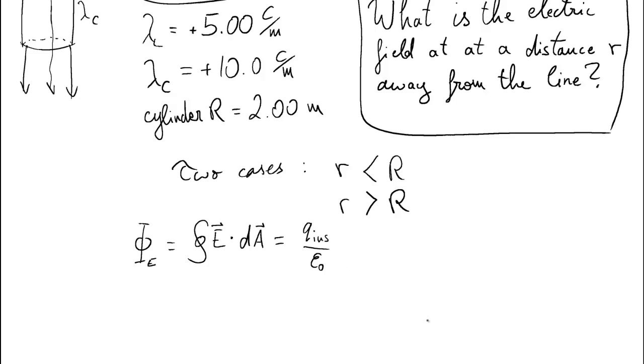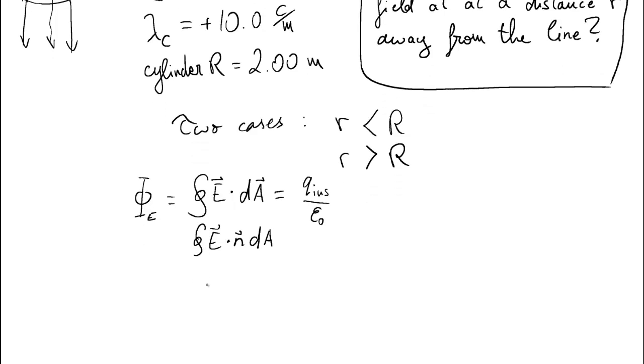Then you can also write this part here as E dotted with the normal vector of that tiny area element, and then the area just turns into dA, and that might be useful a little bit later.